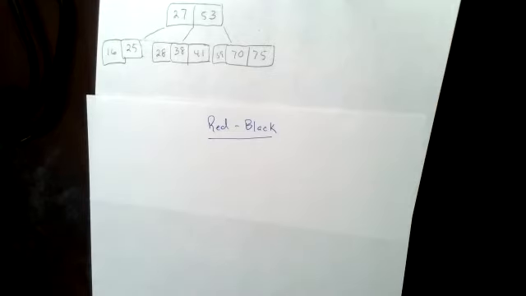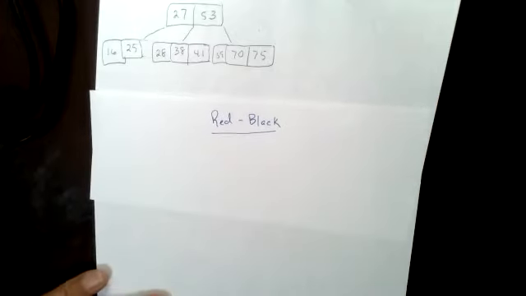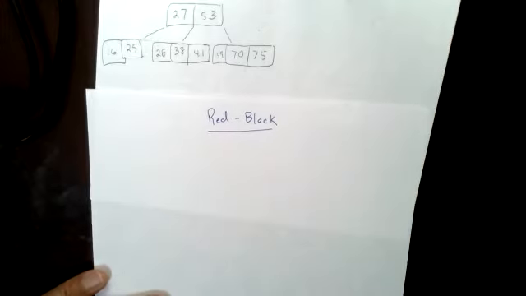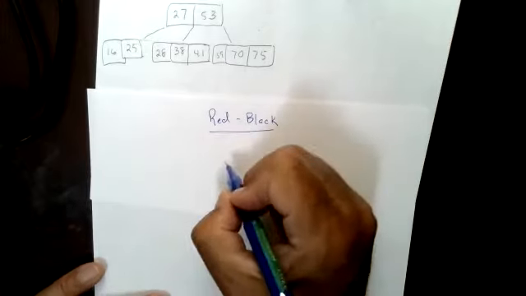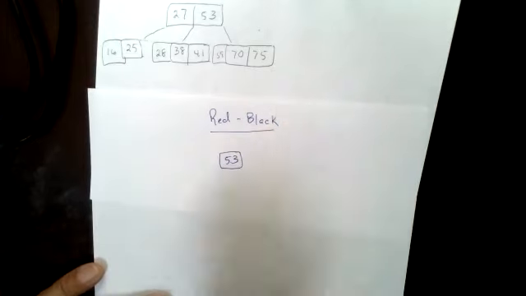So I'm going to start at the top. I'm going to get a number. Pick a number, 27 or 53, doesn't matter. Pick one of them. Good. 53. So here's the 53. And I'm basically building a binary tree out of this. All right. Now, 27 is its sibling.